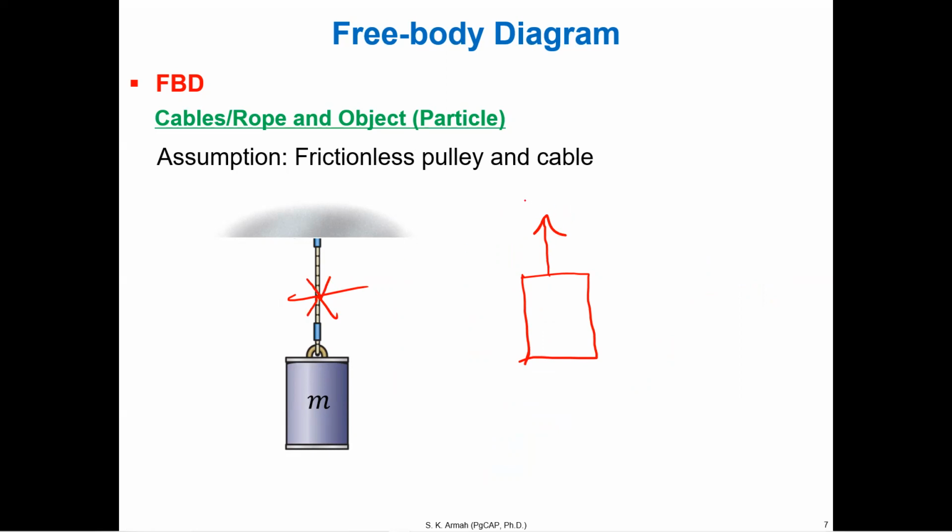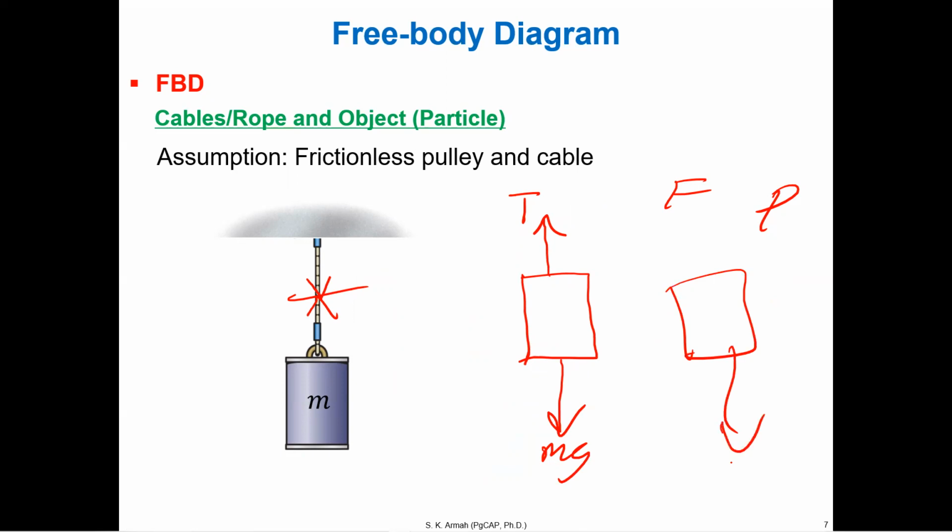We can call this T for the tension, or F or P. Then there's the weight, which is coming down. You can call the weight mg, or sometimes just W, where W is the weight.